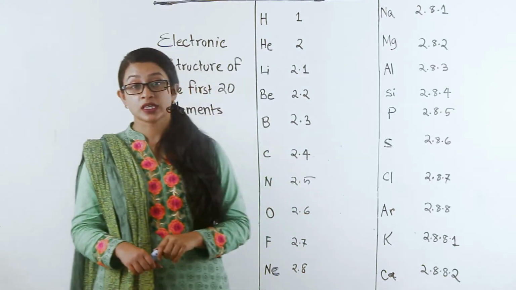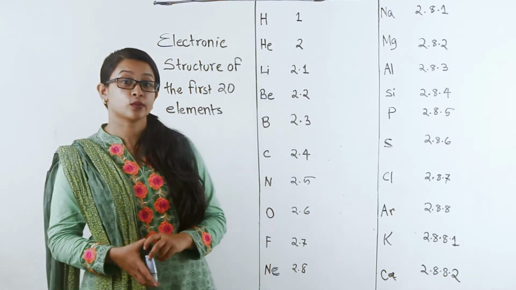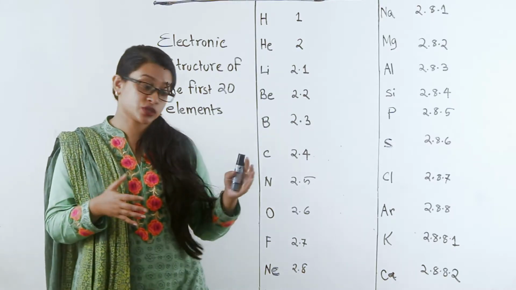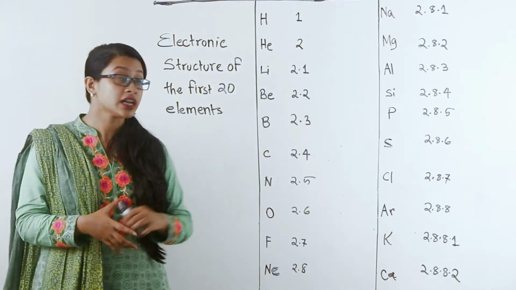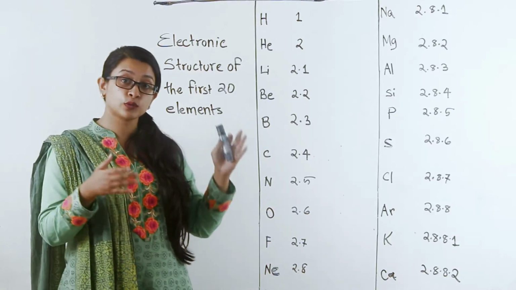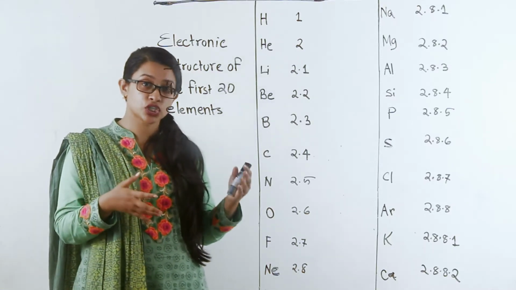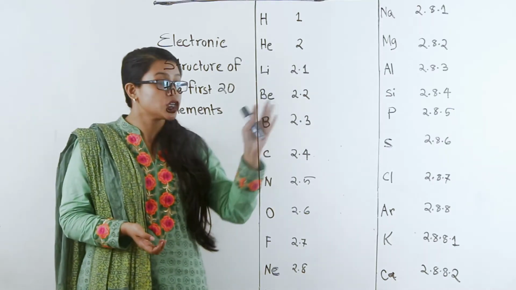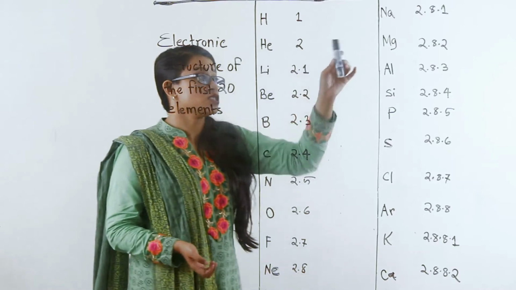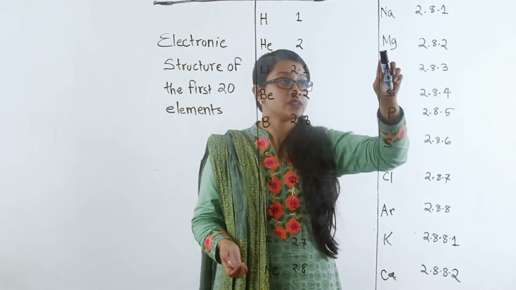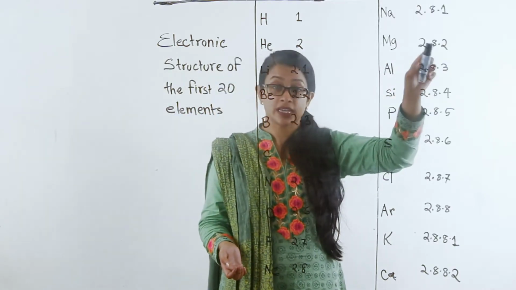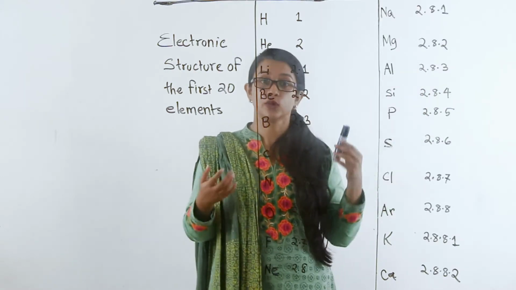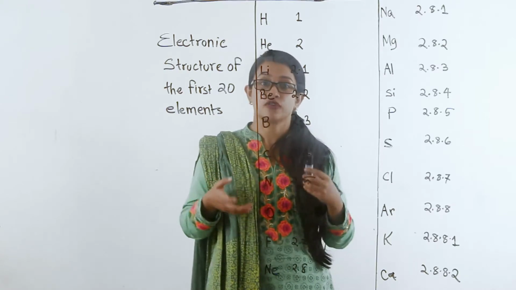And in the case of magnesium, which has an atomic number of 12, it is 2, 8, which is 10, the electronic structure of neon, and then the last 2 move on to the third shell. And this is how the third shell is being filled, exactly like its predecessors. In magnesium, it's 2, 8, 2. In aluminum, it's 2, 8, 3, because aluminum has an atomic number of 13.